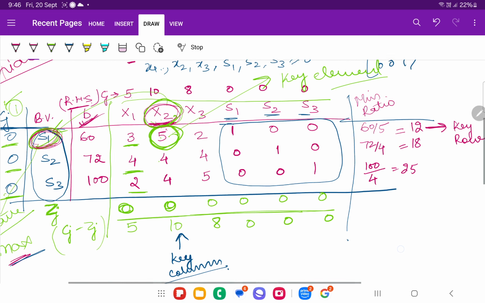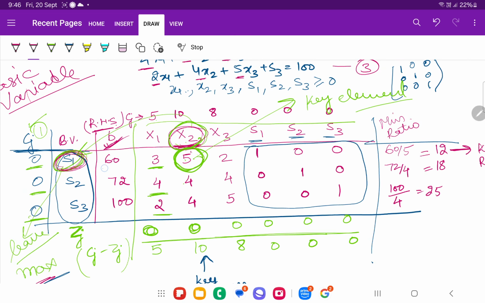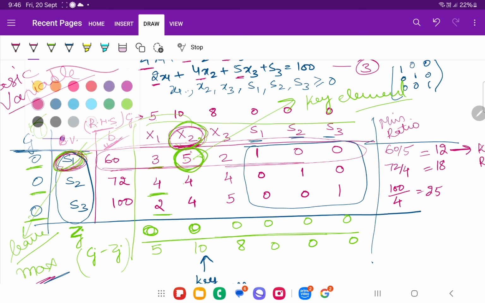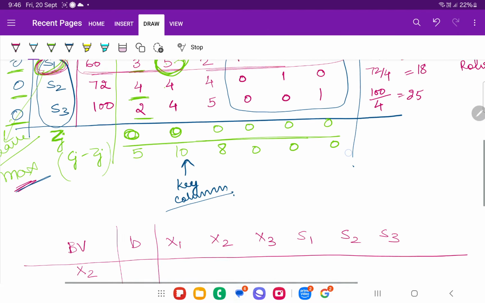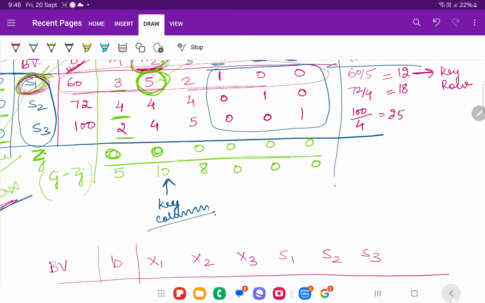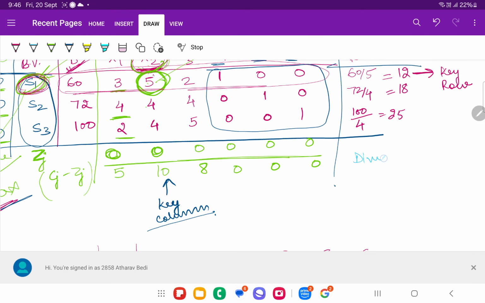Now the first thing which we will be doing is we will be calculating the values of the key row. This is your key row. Now for this key row I will be calculating the values by dividing the key row by the key element.